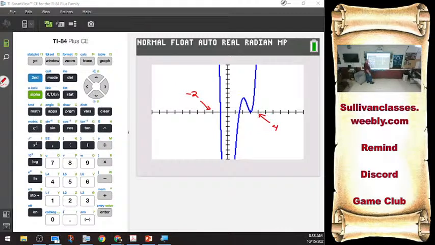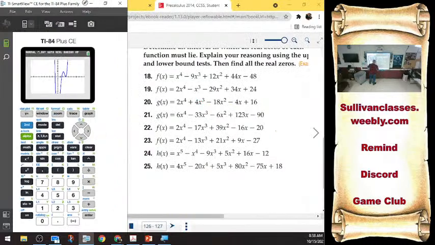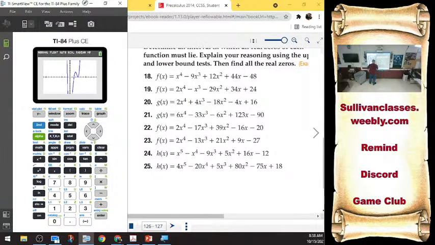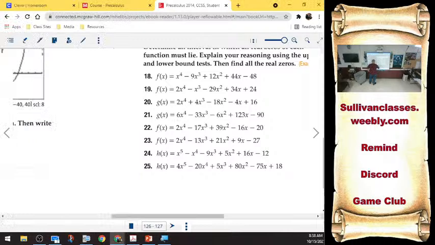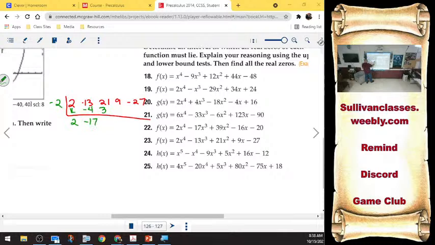Okay, -2 and 4. 2, -13, 21, 9, -27. With -2: 2, -17, 55, -101 and positive.